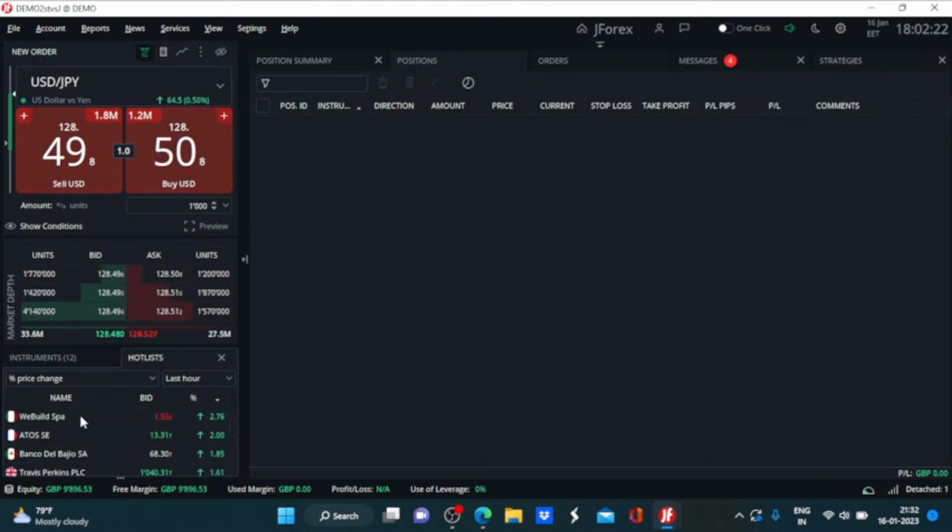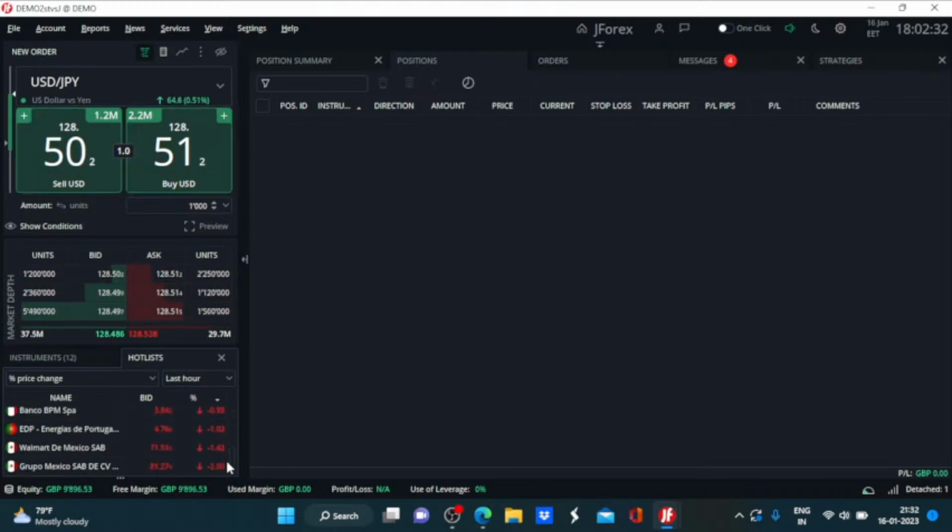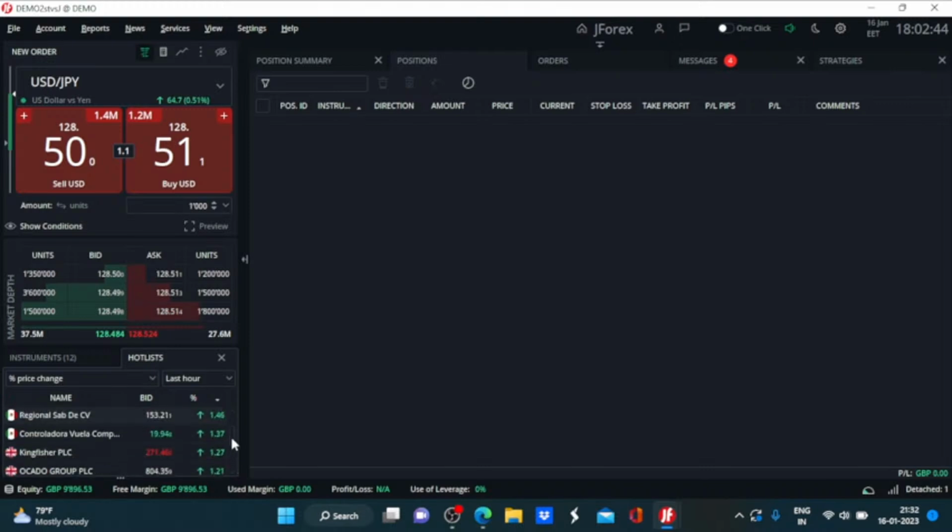If we look at the list now, we have stocks like Webuild Spa, which has gained more than 2 percentage points, and in decline we have Grupo Mexico declining sharply, almost 2 percentage points here. Whichever stocks are happening in that particular session will be listed here.